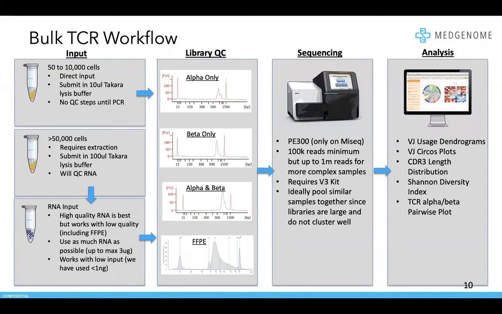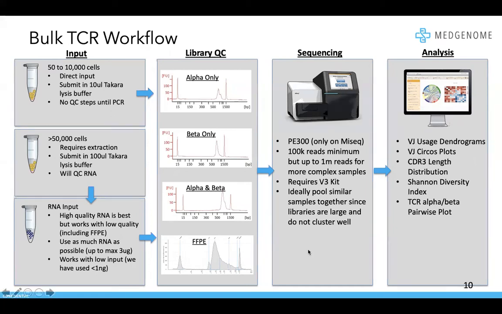If you use only a few nanograms of input, 100,000 reads will probably be more than enough. But if you used micrograms of input, hundreds of nanograms, then you may want to sequence up to 1 million reads for samples, because it'll get you more data, more clonotypes detected in complex samples.